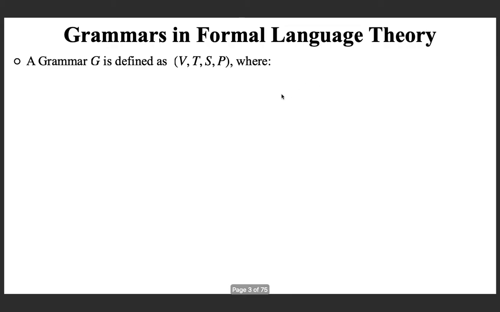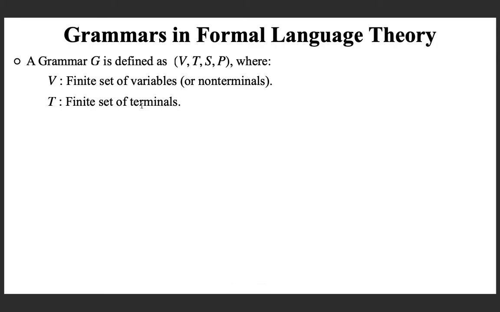We know that a grammar G is defined as a quadruple V, T, S, P, where V is a finite set of variables. Variables are also called non-terminals. T is the finite set of terminals, or the alphabet set for the language.